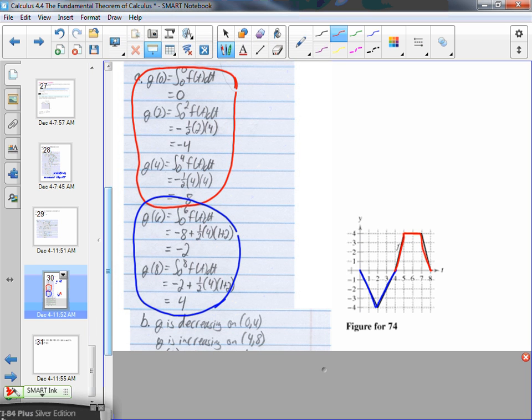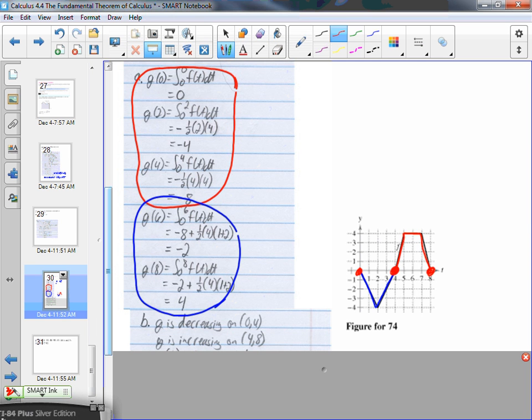Then C says, identify any extrema of g. All right, extreme values occur at critical numbers. Critical numbers are where the derivative equals 0 or does not exist. Do we have a couple of places where the derivative equals 0? All right, the derivative equals 0 right there, and right there, and right there. We got it does not exist at 0.